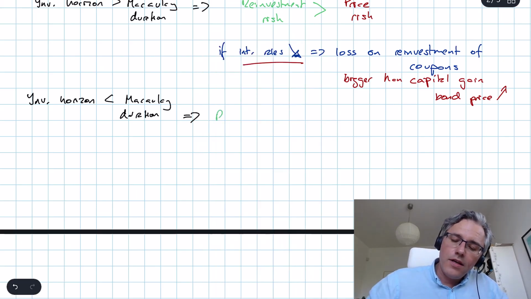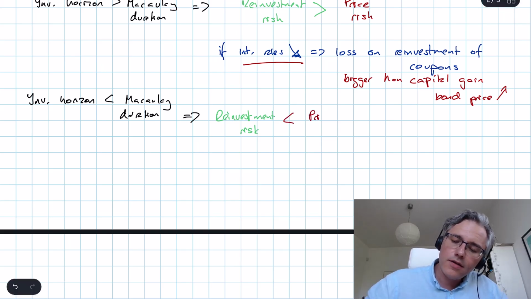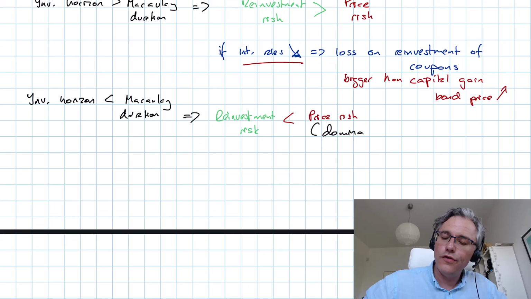The reinvestment risk will stop being the dominant of the two, and price risk will prevail. So this will now dominate. This will be the dominant risk.